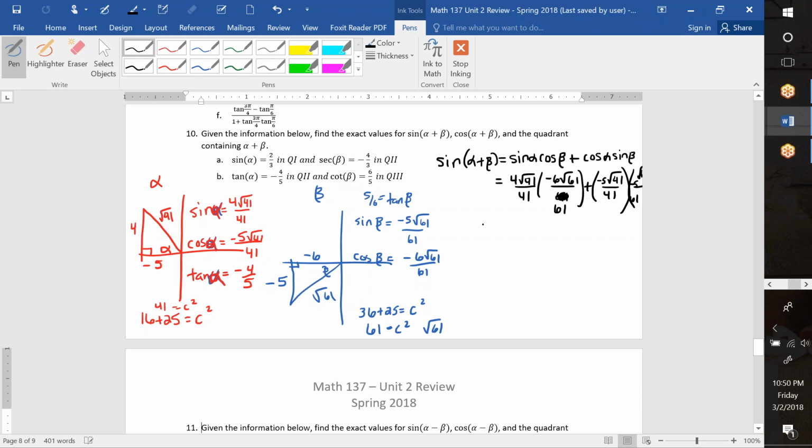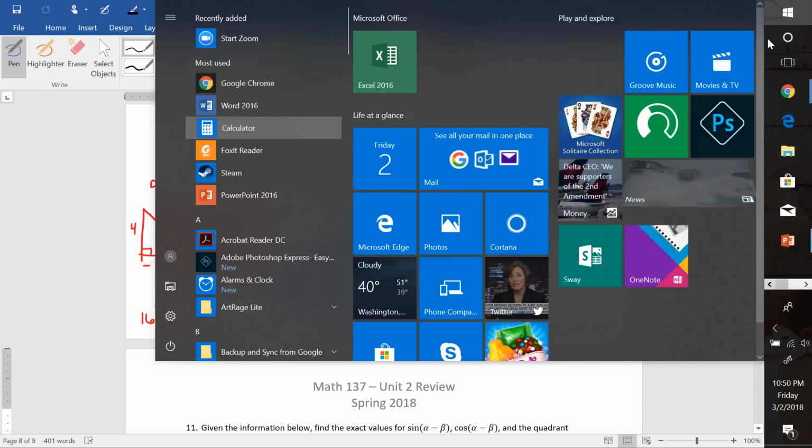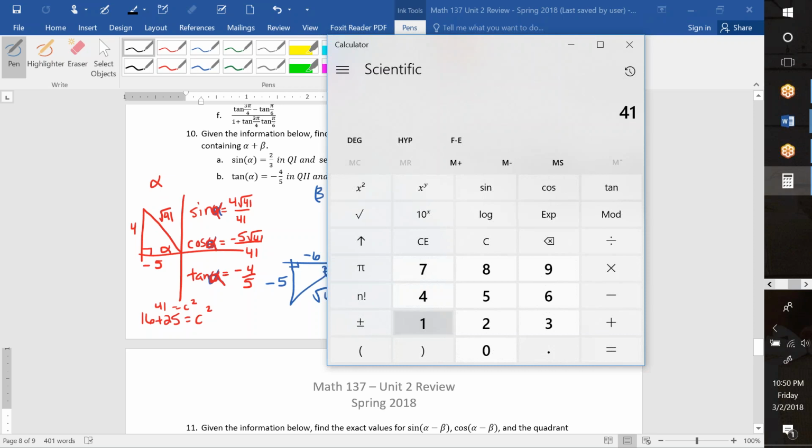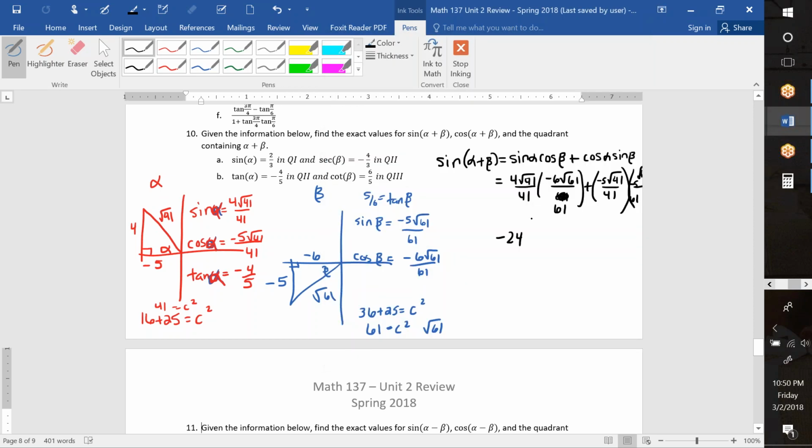I'm running out of space. So this would be -24. I have no idea what 41 times 61 is, but we're going to find out. This is why this is in the calculator portion. That's square root of 2501.